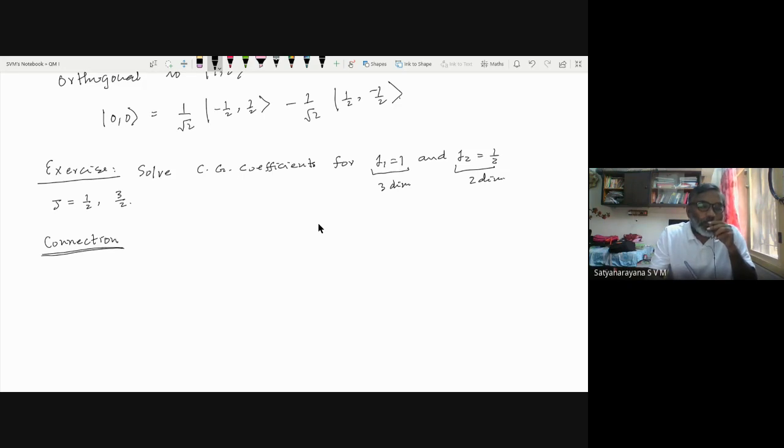Suppose we have a Hilbert space, and then there is some symmetry group, and this symmetry group has certain irreducible representations.